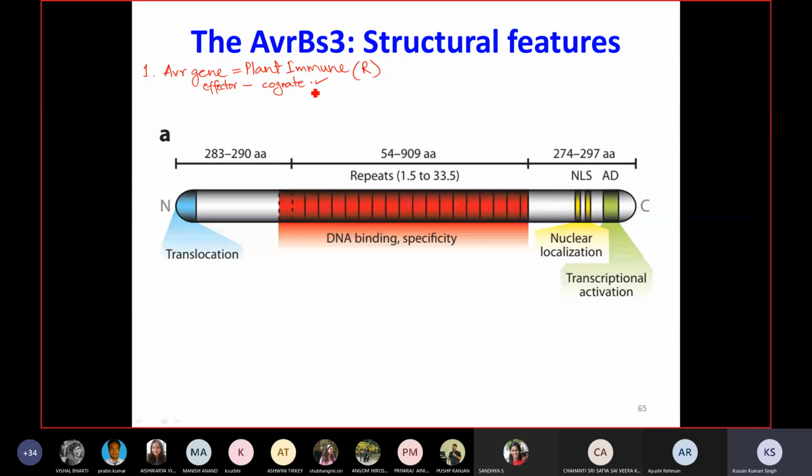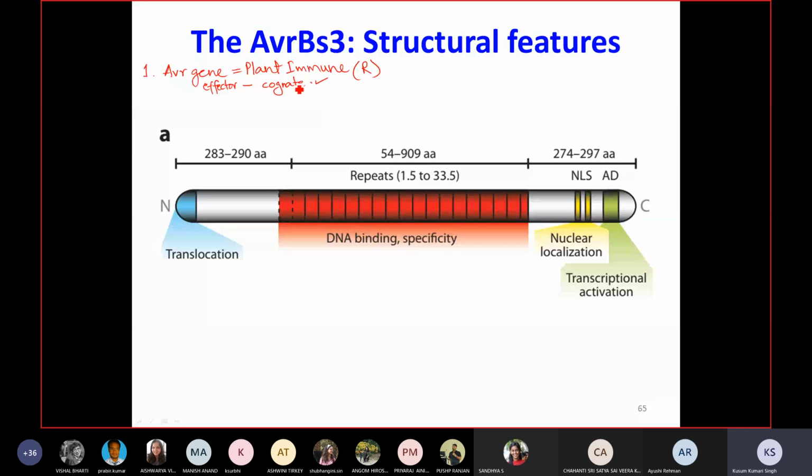That was the complete picture where we discussed AVR binding with resistance, and then how these two compete. If one wins, you have either a susceptible plant or a resistant plant against the effector genes. That was the first thing.